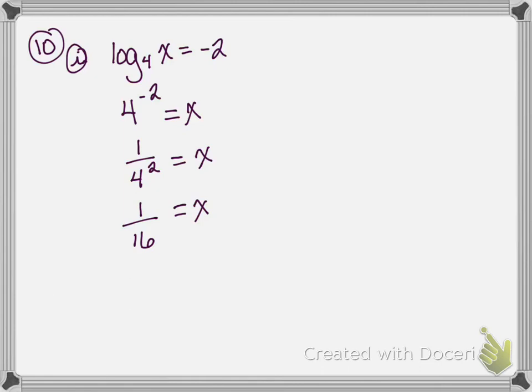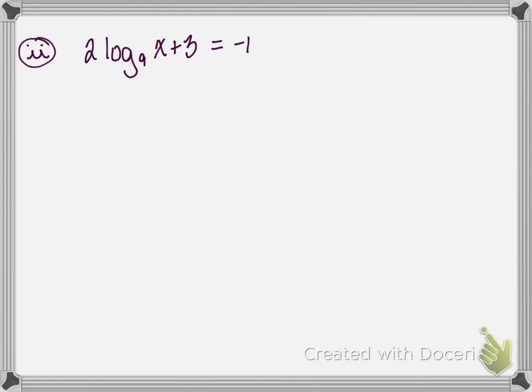Now the next one is 2 log base 9 of x plus 3 equals negative 1. We are eventually going to rewrite this as an exponent. So what I'm going to do first is take this 2 and use the power rule, and put it here.